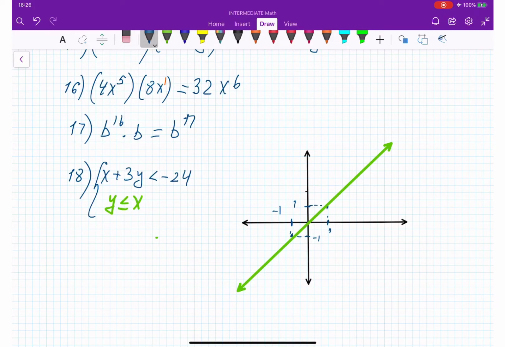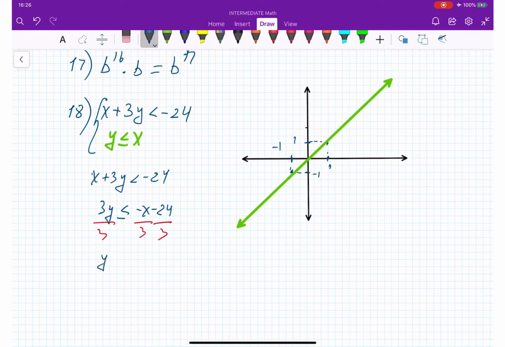So let's solve that one. x plus 3y less than negative 24. So from here, 3y is less than negative x minus 24. And dividing by 3 everywhere, I am getting y less than negative 1/3 x minus 8.